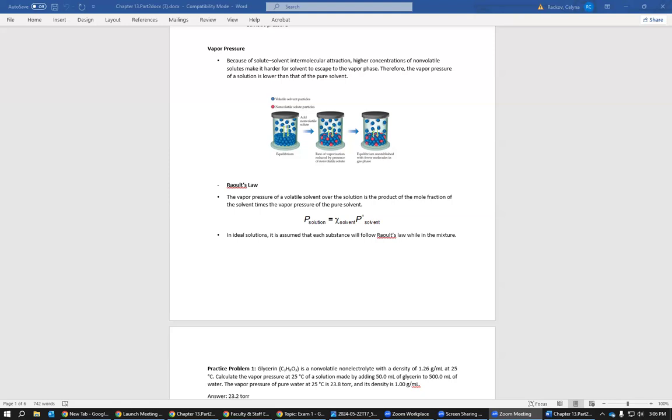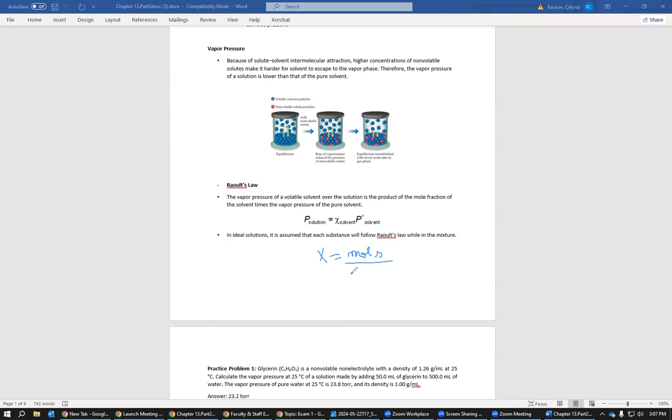Right? And then how can you find the mole fraction of the solvent? The mole fraction of the solvent is equal to the moles of the solvent divided by the total moles, so the moles of the solvent plus solute.